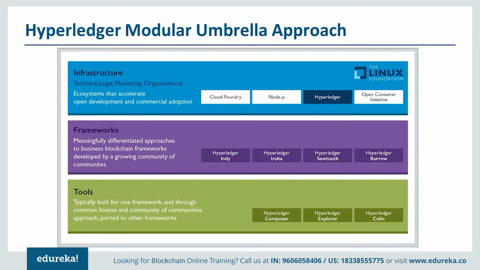And then there are different tools that are available, like Hyperledger Composer. Now, Hyperledger Composer was one of the most widely used tools in Hyperledger. But now this tool has been deprecated by the Hyperledger organization because the maintenance cost of this tool was really high.